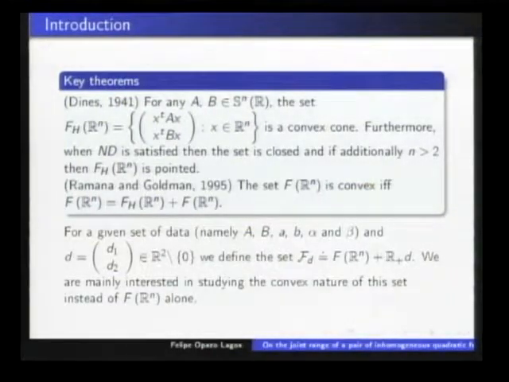So since this set is not necessarily convex in all cases, we try to add something. A single ray, which is the least set, in some sense, that we can add to the original set in order to get convexity.